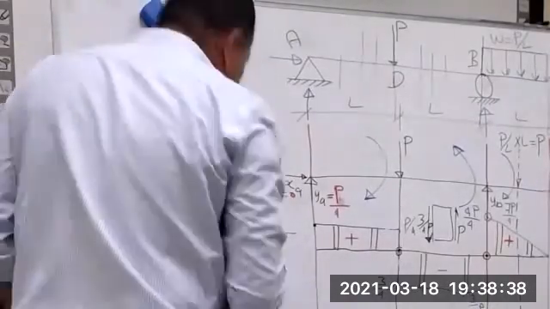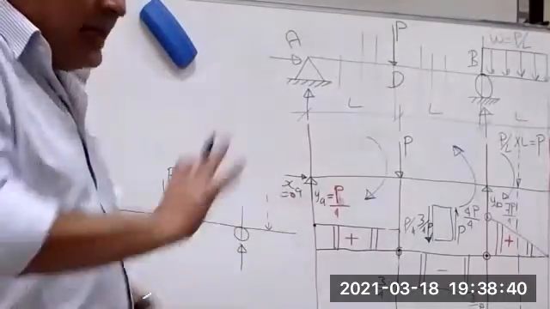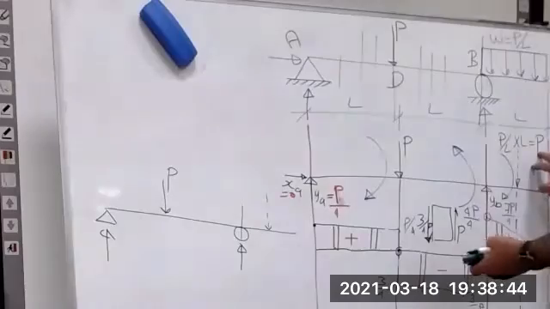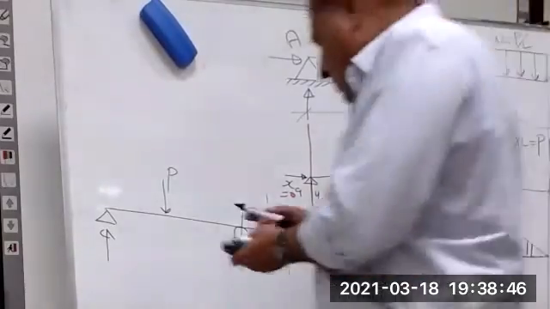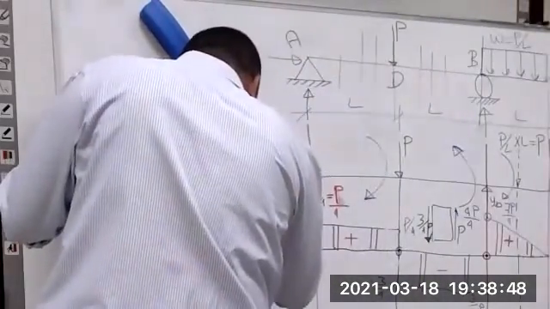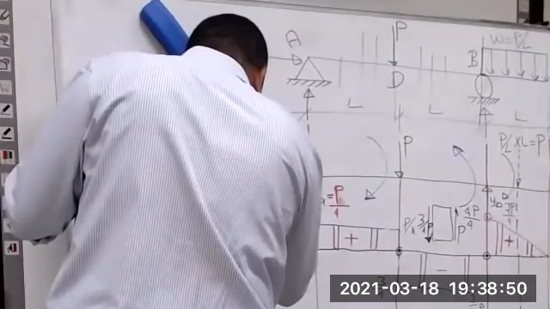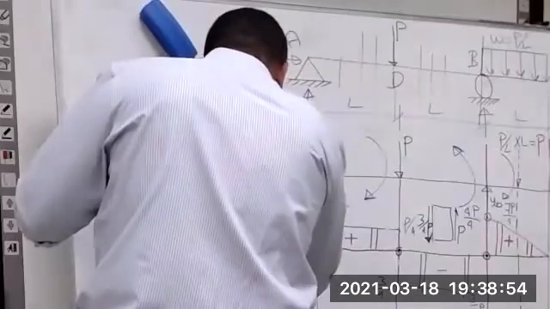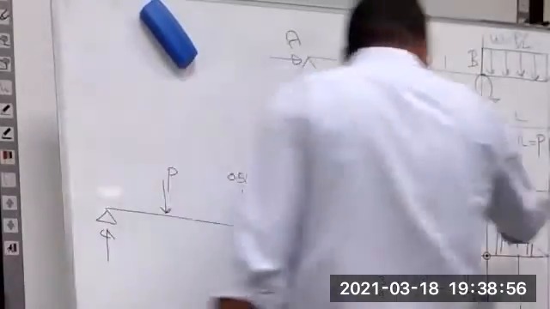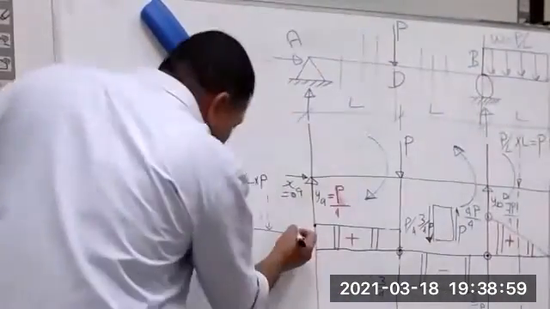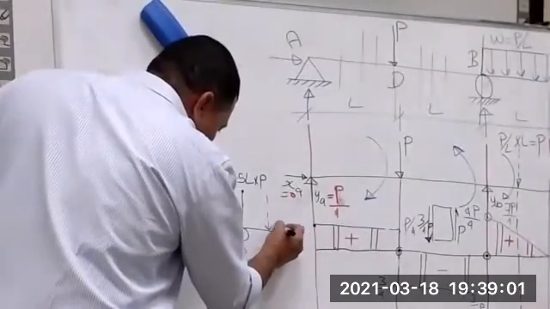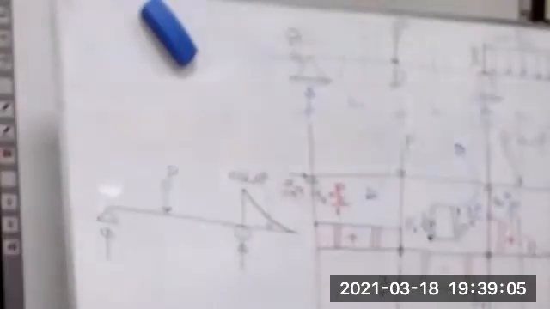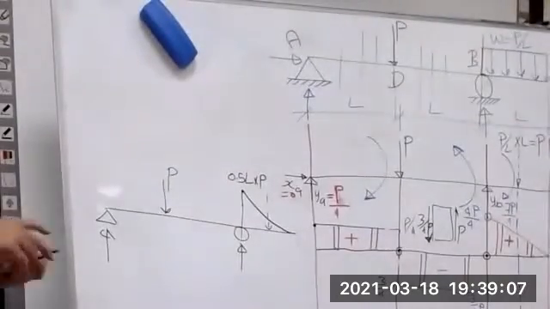At this section, I am concerned with the right hand side. The right hand side gives B multiplied by 0.5 L. The moment increases like that, a second-degree curve, a parabola, increasing with a parabolic curve. Very good.